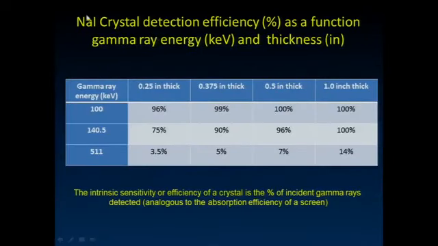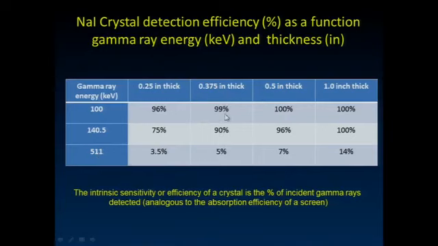Let's just take a look at that sodium iodide crystal and its efficiency for stopping gamma rays of particular energy. So here are some different energies of gamma rays. I put down 100, 140, this is technetium. And let's just say we were working with photons that had energy up in the range of 511 like we have in PET. So here's a 1/4 inch thick, here's the 3/8 inch thickness we have.